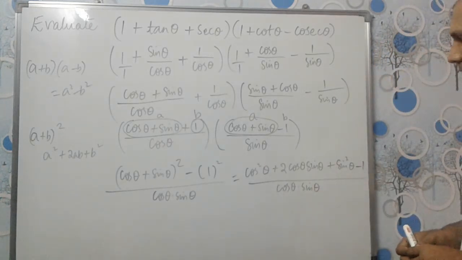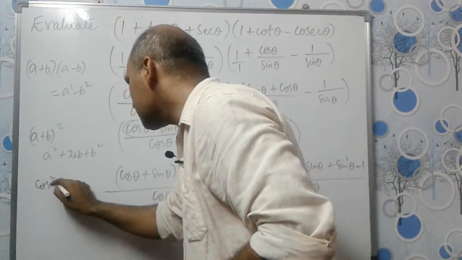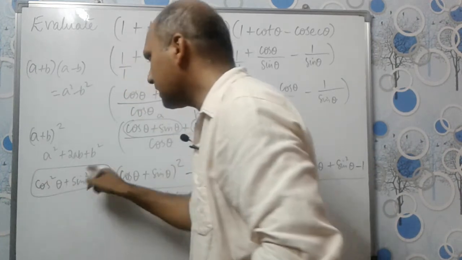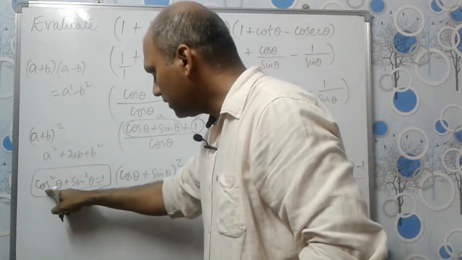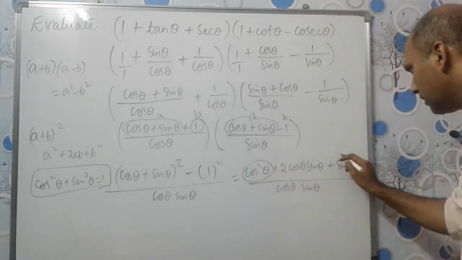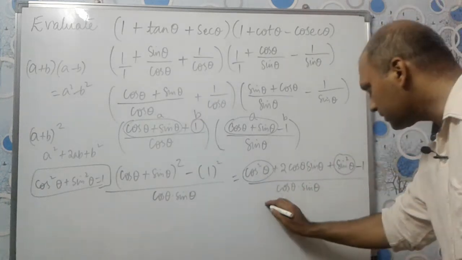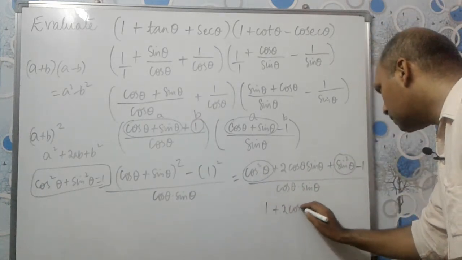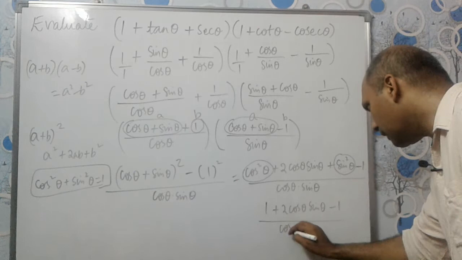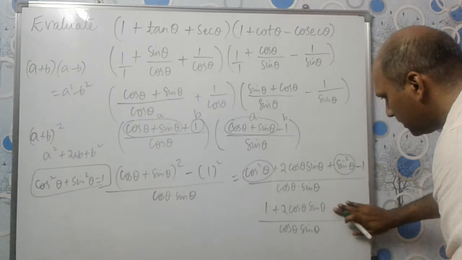We know an identity: cos square theta plus sin square theta is equal to 1, or sin square theta plus cos square theta is equal to 1, right? So cos square theta plus sin square theta will become 1. So I'll write 1 here, 1 plus 2 cos theta sin theta minus 1, divided by cos theta multiplied by sin theta. This 1 minus 1 will become 0.